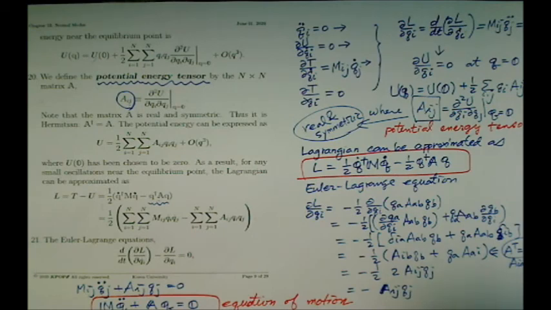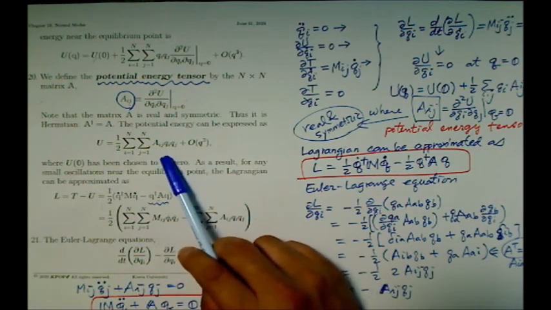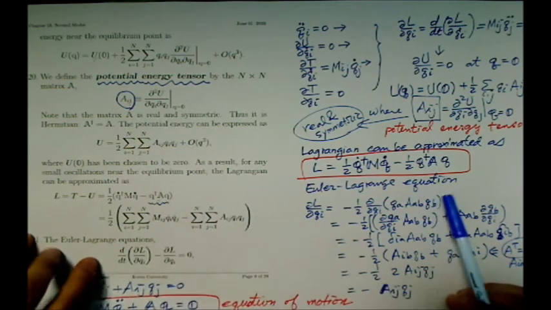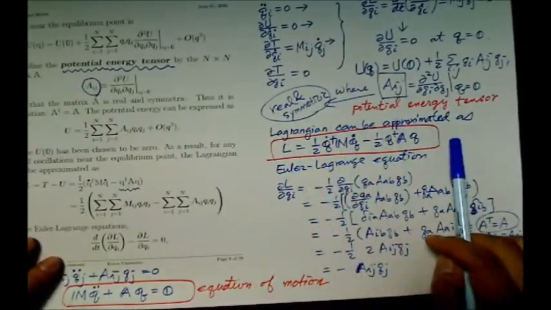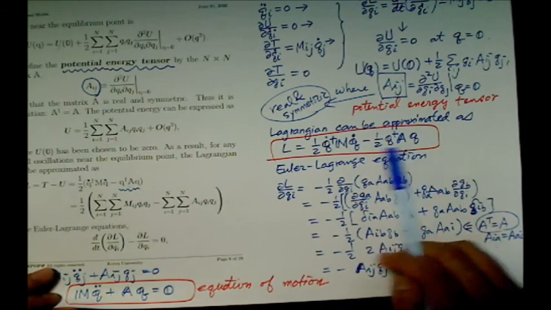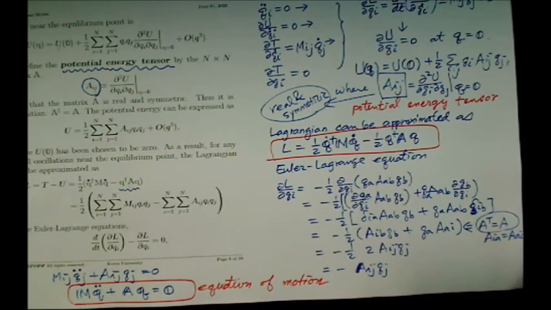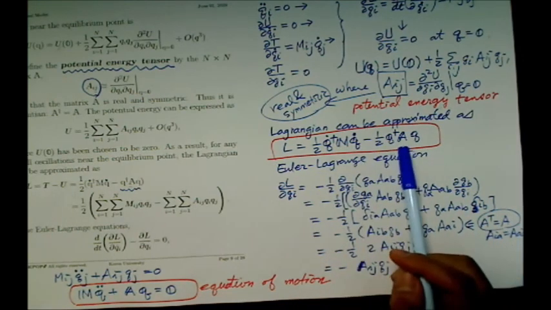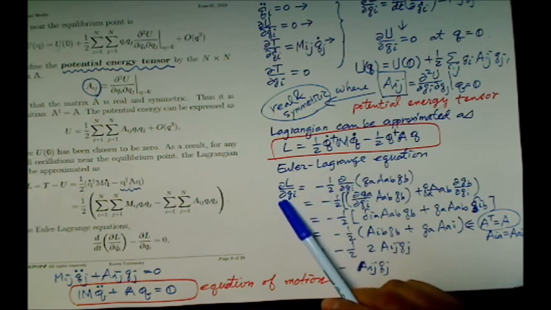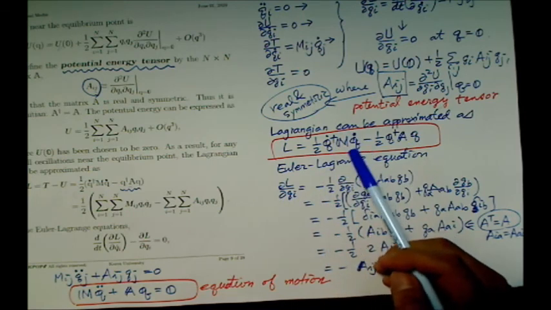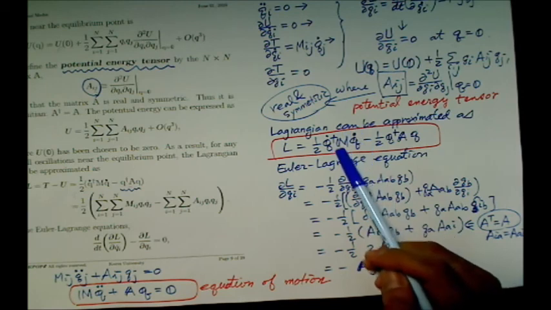Now we are ready to express this potential energy in a matrix form. In a matrix form, we can write it in this kind of form. This is the potential energy and this is the Lagrangian. Again, we can find the generalized force by taking the partial derivative with respect to the coordinate in a similar manner as we have done for the mass matrix.